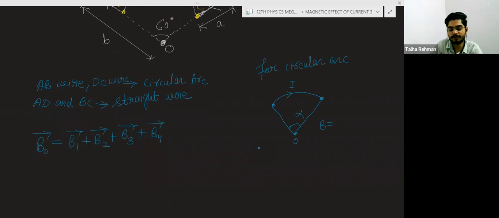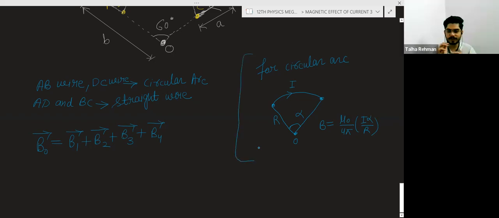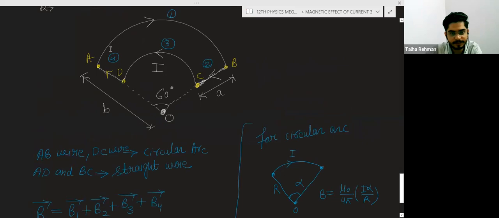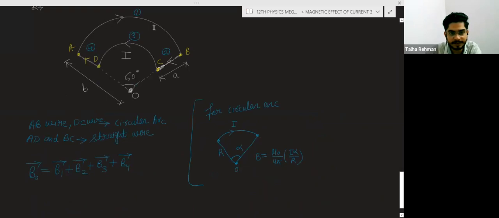The formula is mu naught divided by 4 pi, I into alpha, divided by R, where R is the radius. Yes, sir. We have already done this, but for revision I am telling you. Now see only wire 1. This is a circular arc making an angle of 60 degrees.